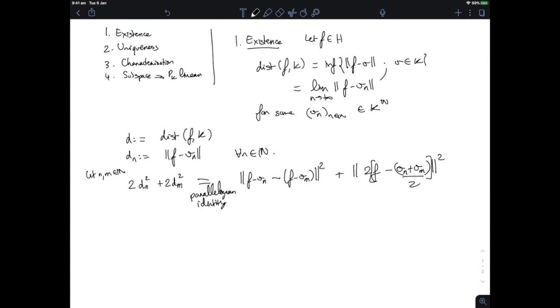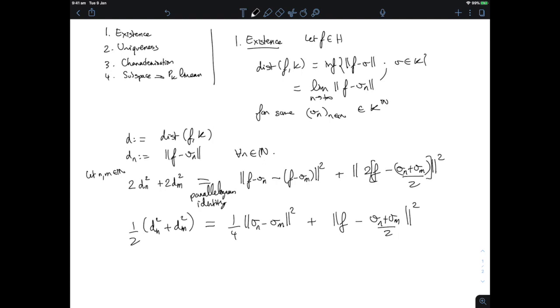So really I should divide this entire thing by 4 and get that 1/2 of dn squared plus dm squared is equal to 1/4 of the norm of vn minus vm squared, which is what I'm interested in, plus the norm of f minus vn plus vm over 2, squared.